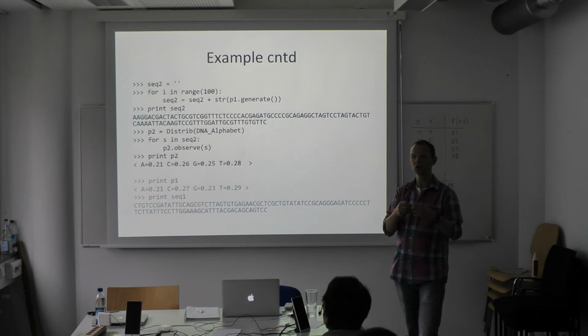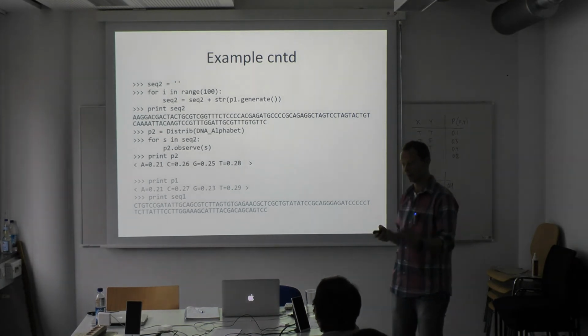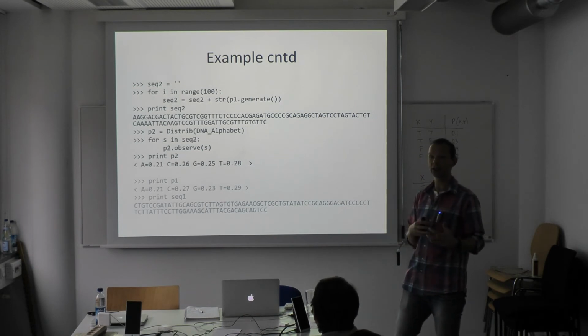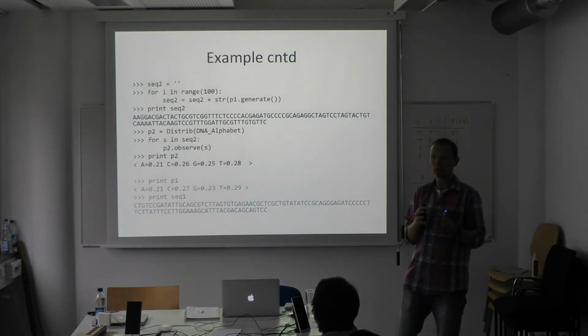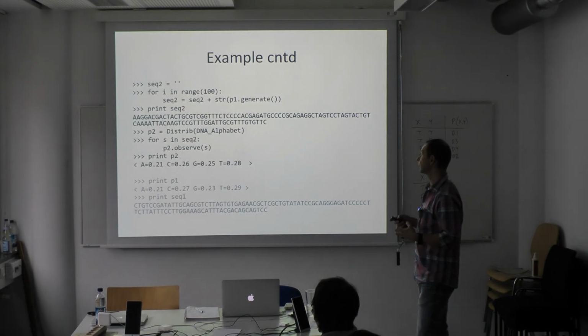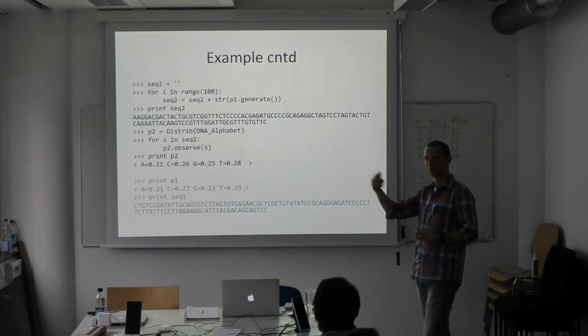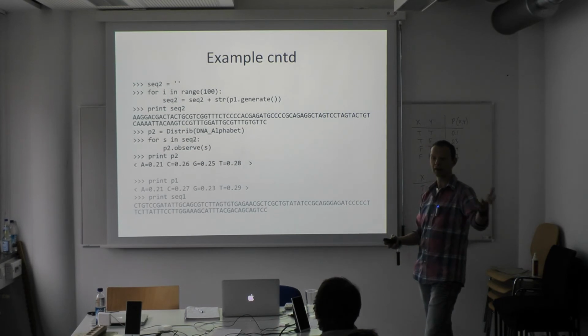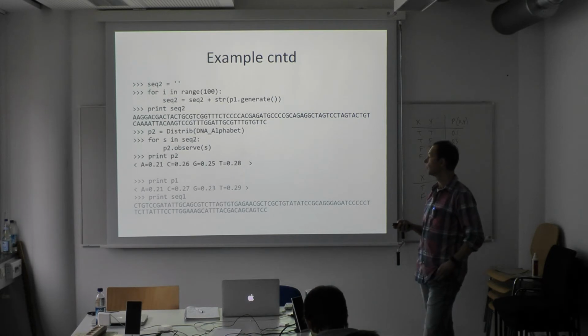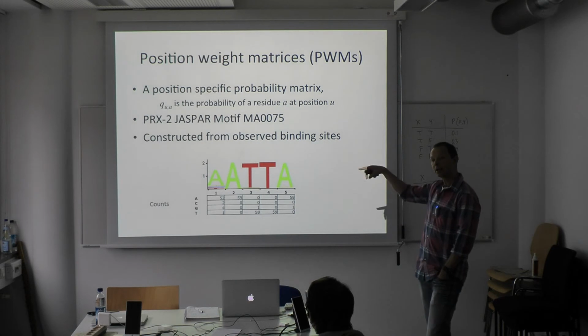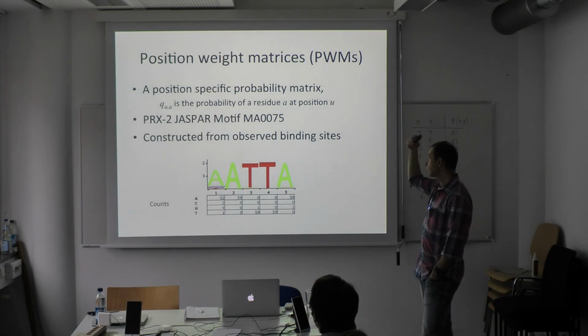So maybe that's too little to make any solid predictions, and therefore we have to constrain our model's complexity in order to make reasonable predictions. So there is that balance between model complexity and availability of data. Okay, so I'll come back to this when we talk about motif discovery on Thursday.